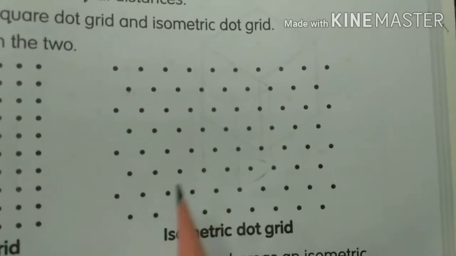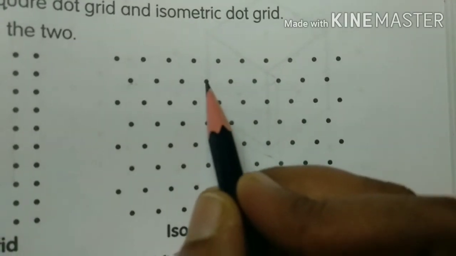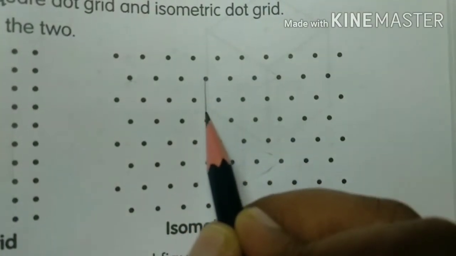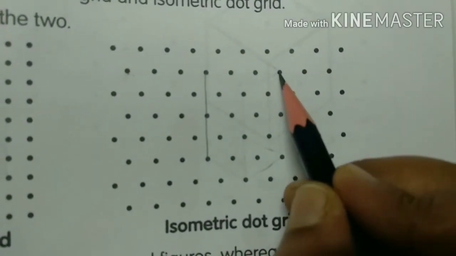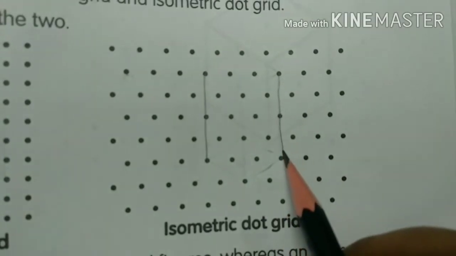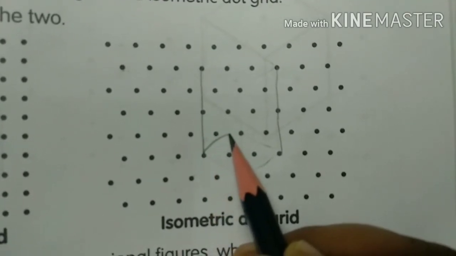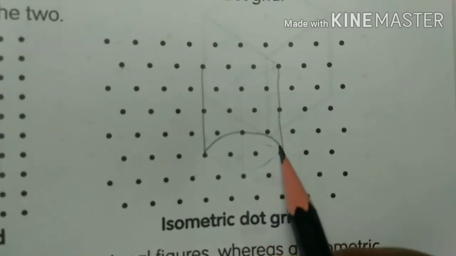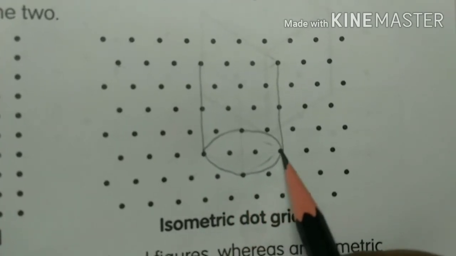Now we are going to draw a cylinder on an isometric dot grid. Joining these 3 points and here also joining these 3 points, then draw like this and here also draw like this.